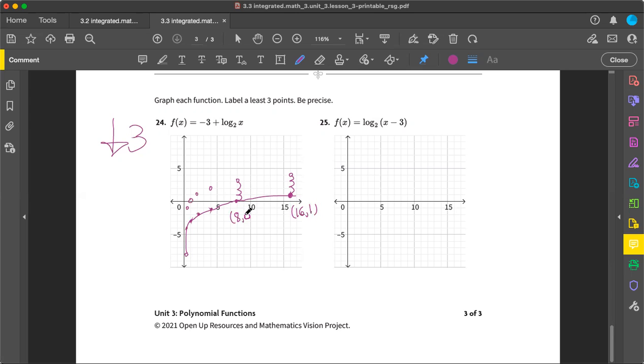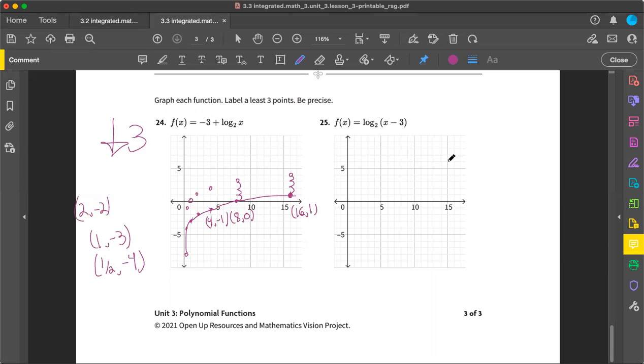We also have 8, 0. We also have 4, negative 1. We also have 2, negative 2 now. Come on now. We also have 1, negative 3. And we also have 1/2, negative 4.